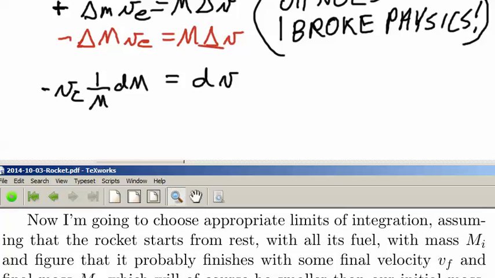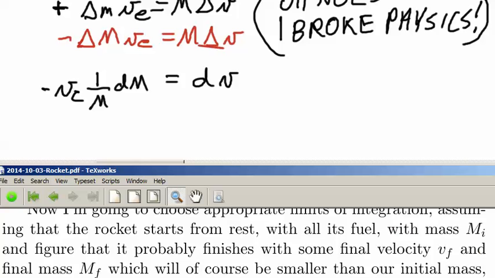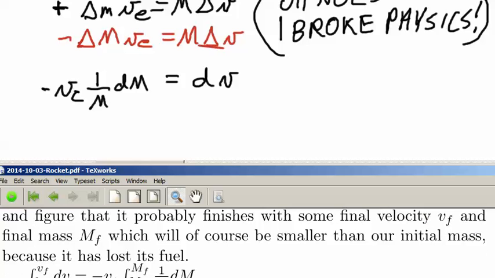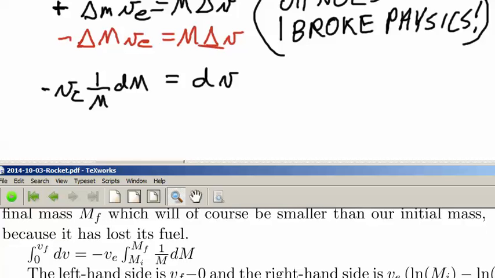So now I'm going to choose appropriate limits of integration, assuming that the rocket starts from rest and with mass m sub i, and finishes with some velocity v final and final mass m final, which will of course be smaller than our initial mass because it has lost fuel.